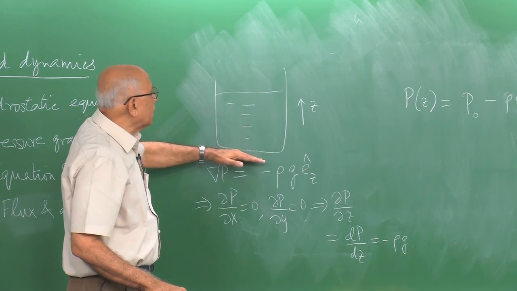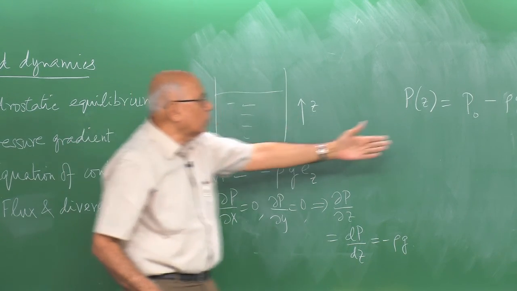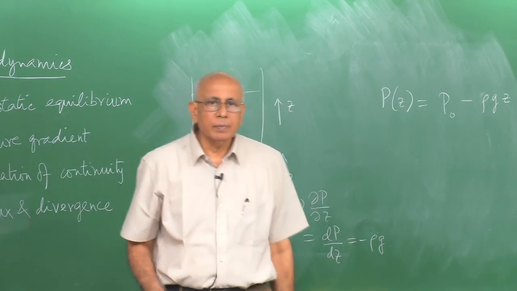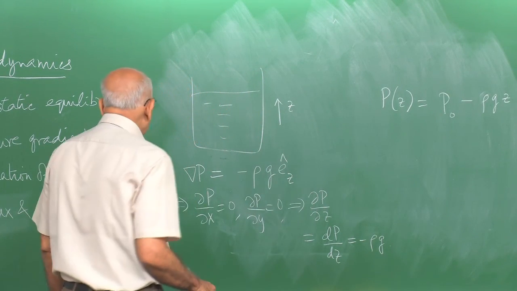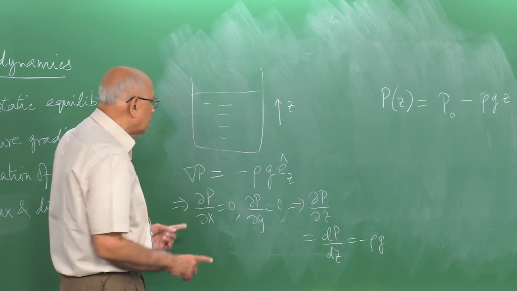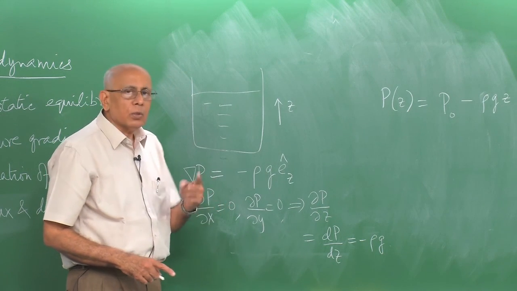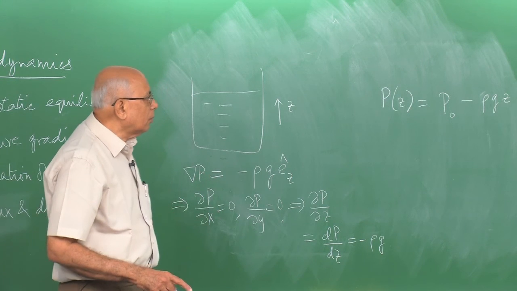It is the largest here and it decreases linearly as you go up the fluid column. So that is the elementary relation which you are already familiar with, but it comes from the more general relation which says the gradient of P is rho times F external per unit volume.